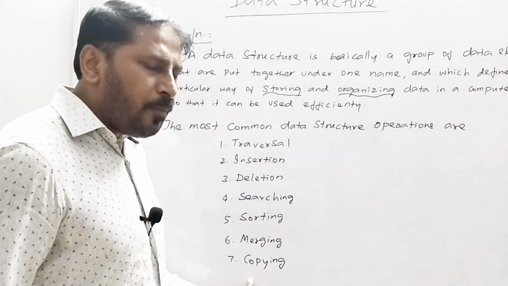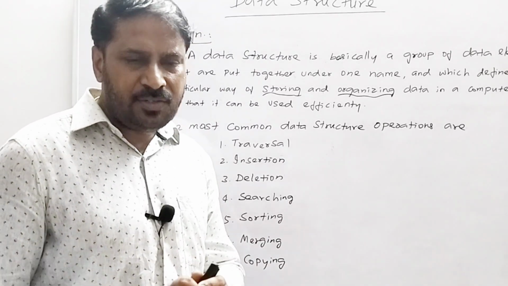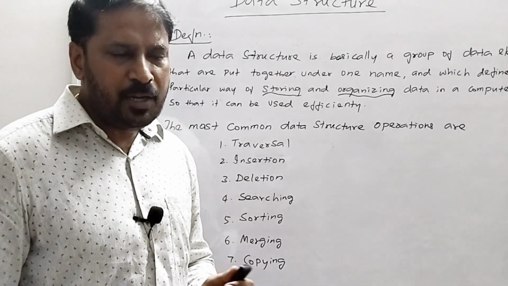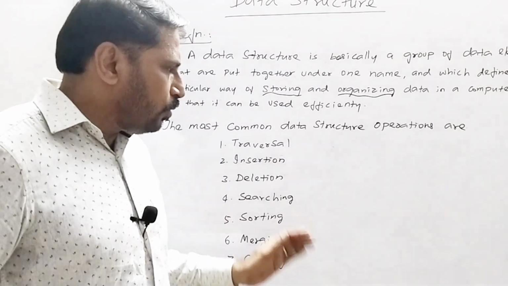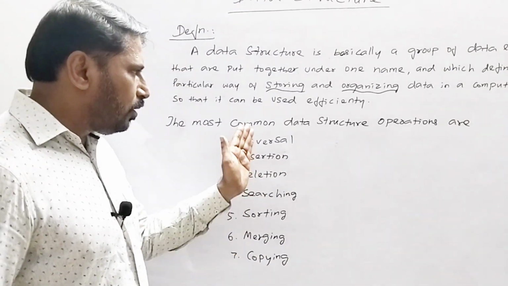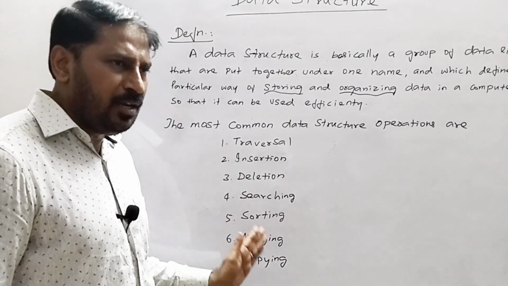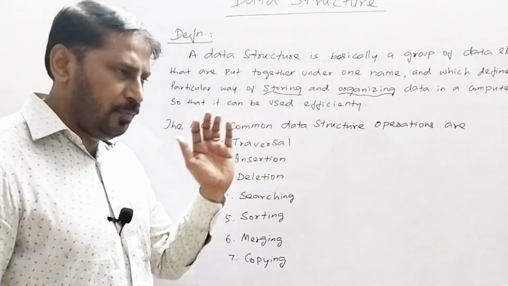Then copying is nothing but taking one copy of information from the existing one. So these are all the important data structure operations which are frequently used in the data structure subject.